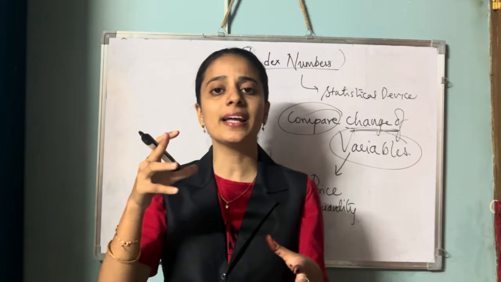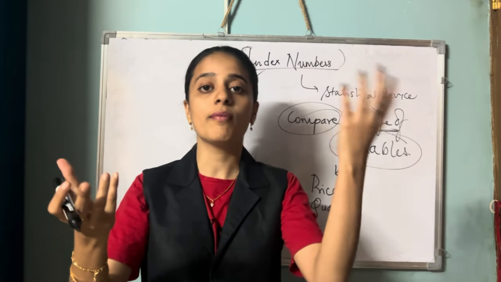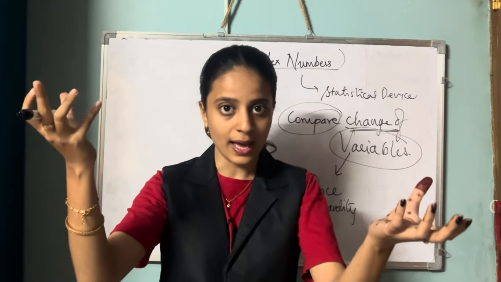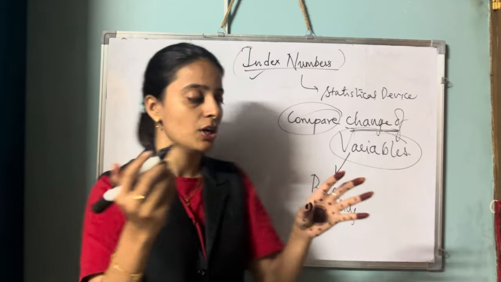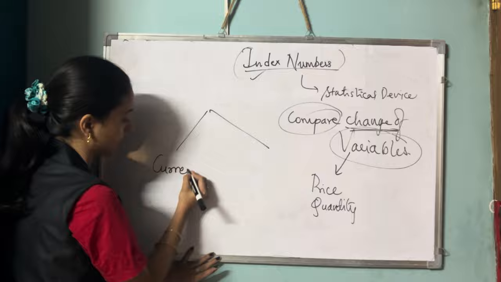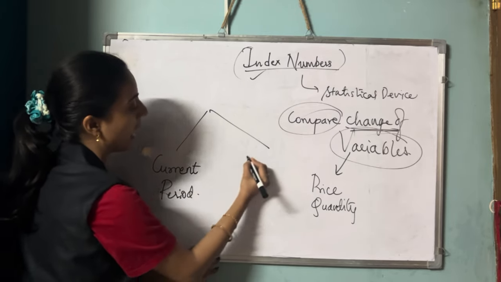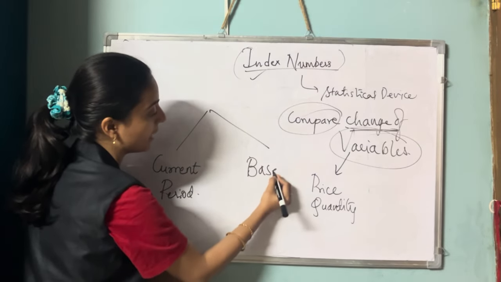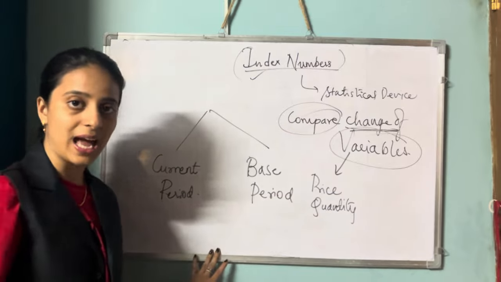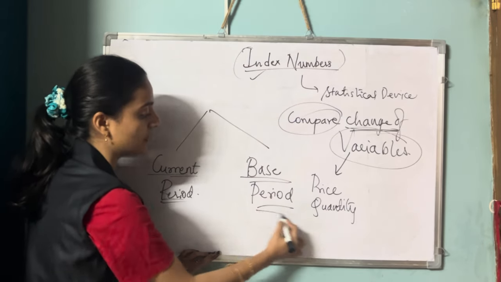So how can we compare when we have something of the past and something of the present, or when we have something of the present, we try to understand something of the future? That is nothing but comparison. So there should be two things that we call current period and base period. The comparison happens between current period and base period.